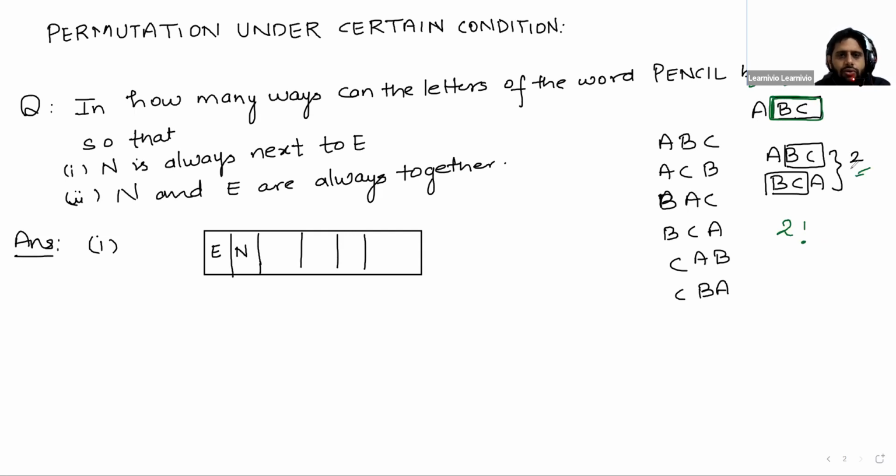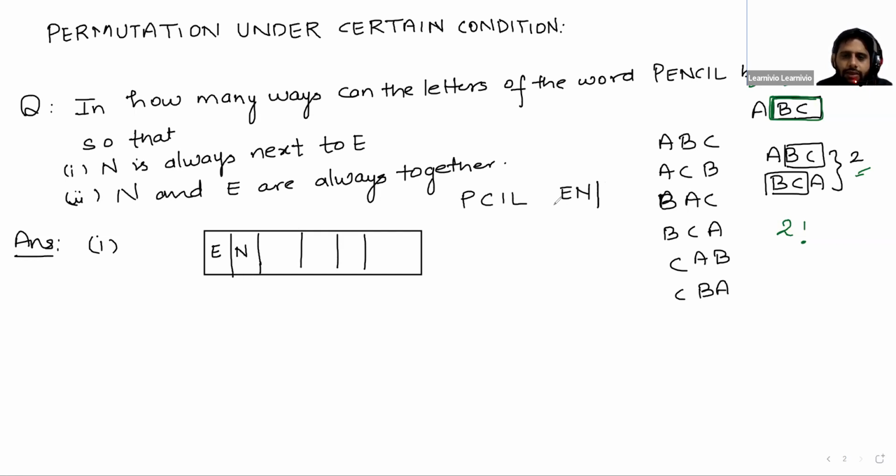Whenever a question says that this is always next to this, take those 2-3 alphabets as a single alphabet and then try to find the arrangement. So in this question, they are saying N is always next to E. We take pencil, with CIL, and then we have EN.